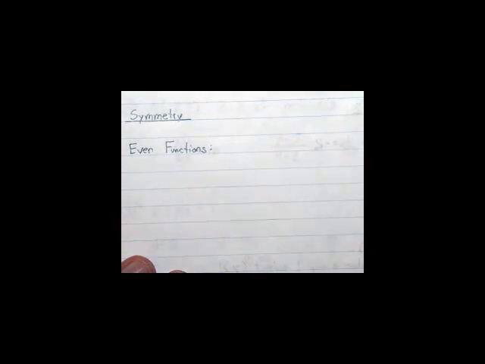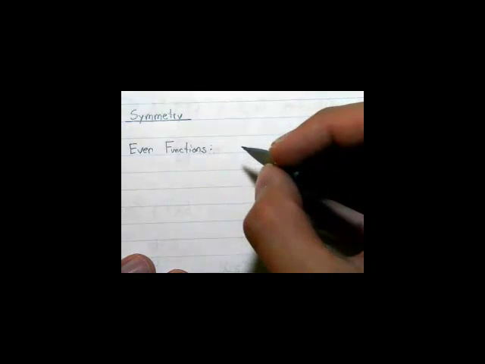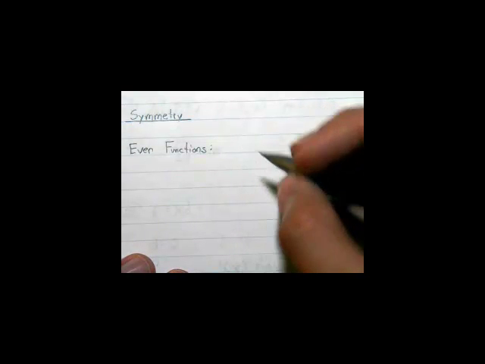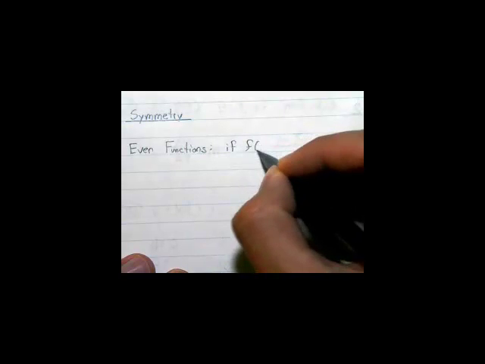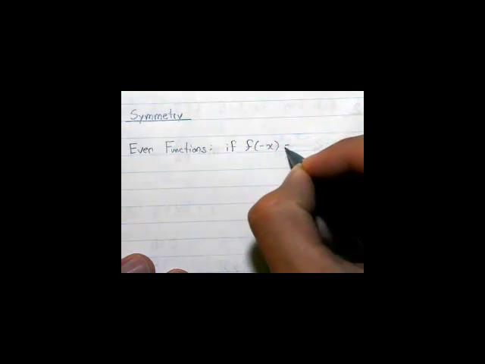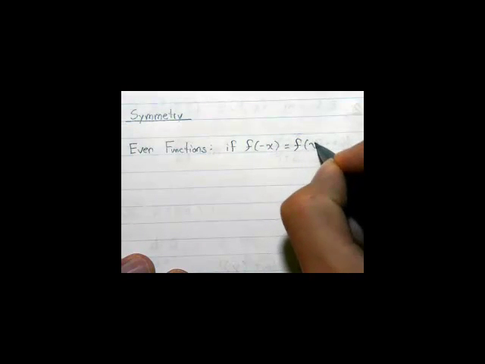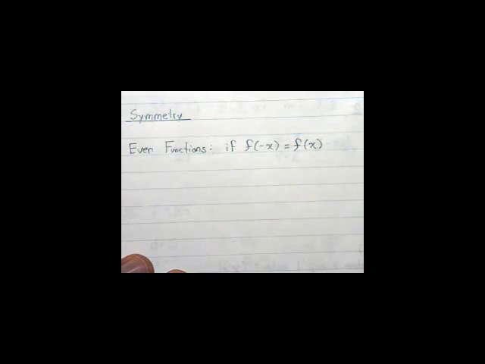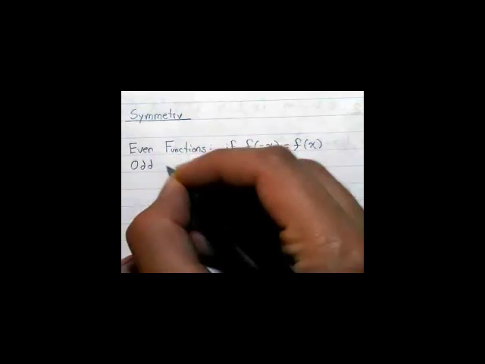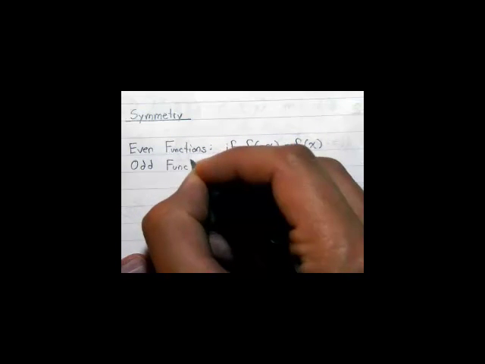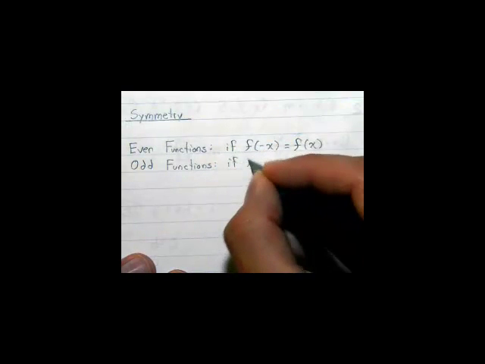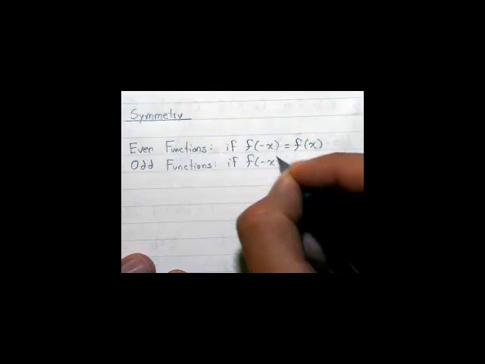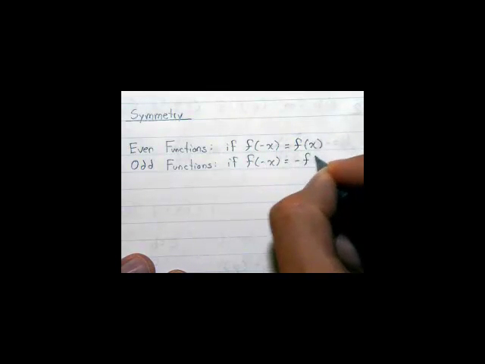An even function is if f of negative x equals f of x, is the definition of that. And an odd function is if f of negative x equals negative f of x.